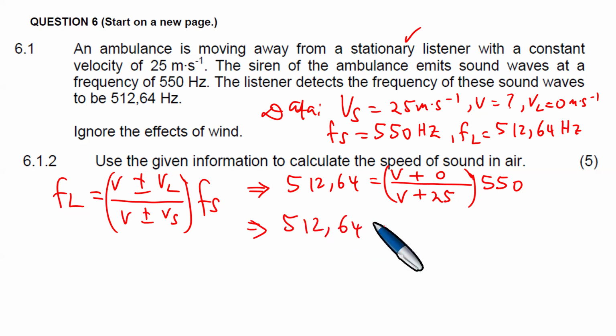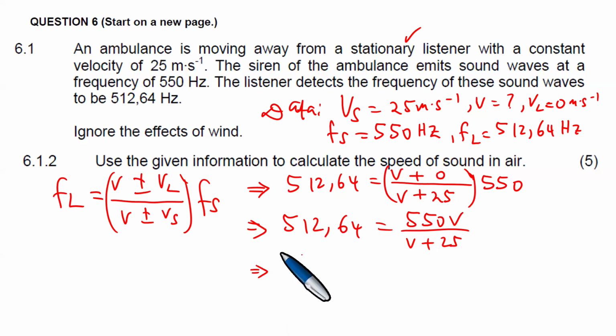So 512.64 over 550 equals V over V plus 25.